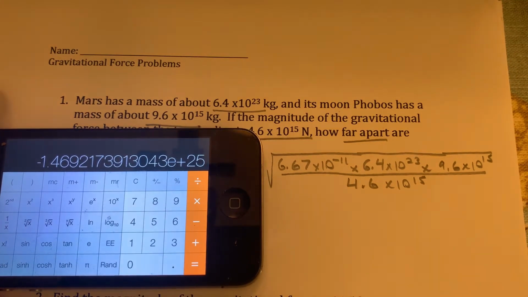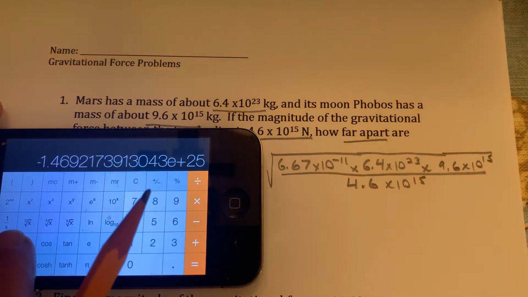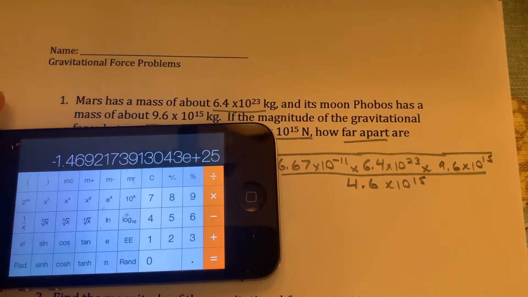Now we have to do one more step. We have to hit where it says square root of x. That's going to take the square root of it.